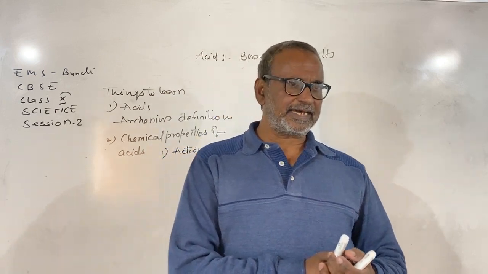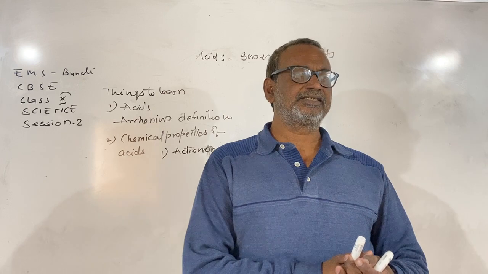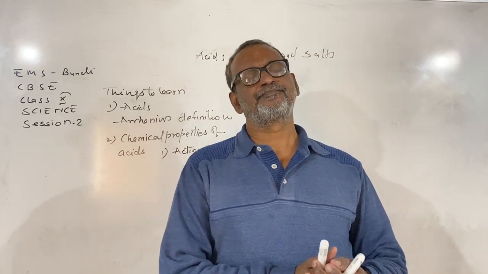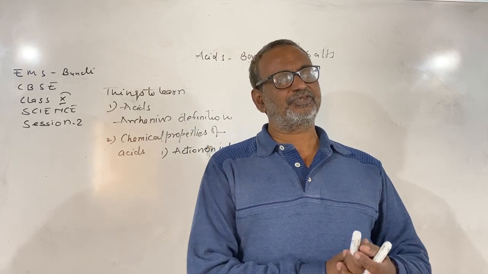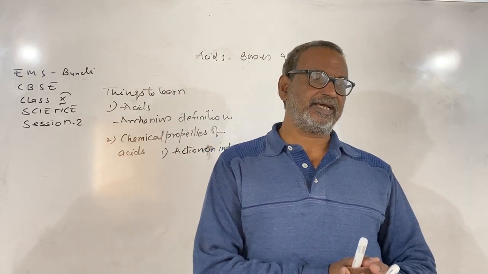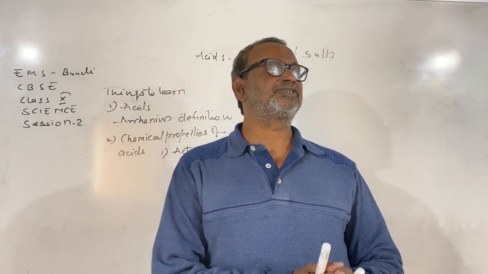What is an indicator? An indicator is a compound which tells us whether the given solution is an acid or a base by change in its color.